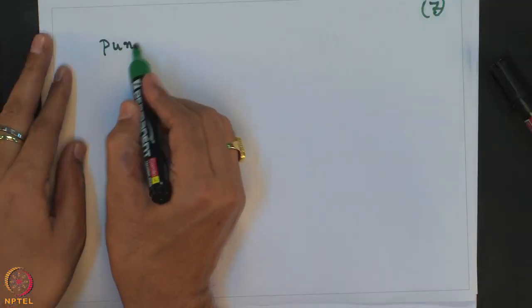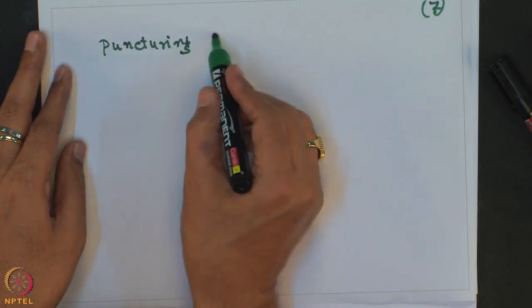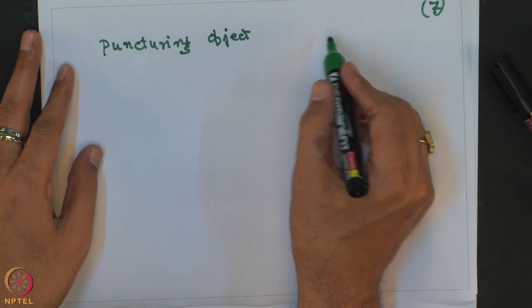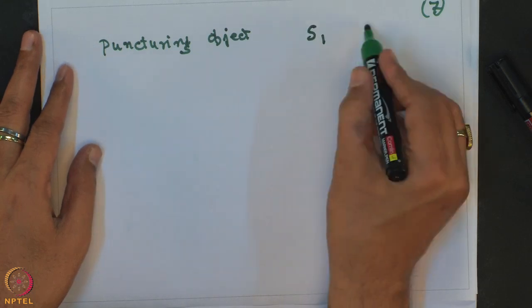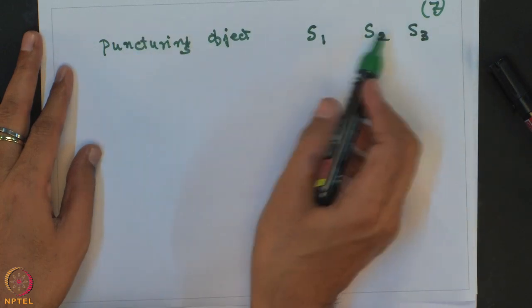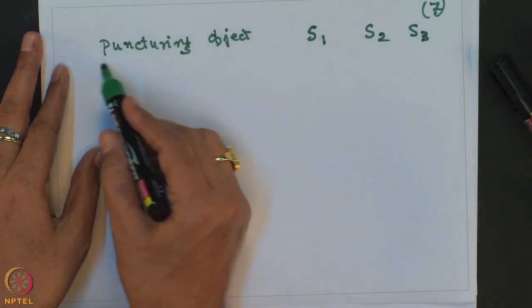Now, I will talk about the recommended factors used in puncture analysis, which are dimensionless. So, this is the puncturing object, and defined values of S1, S2 and S3. These are the recommended values for factors used in the puncture analysis.